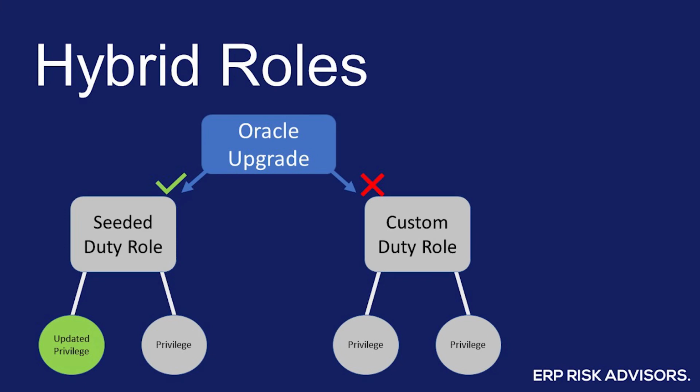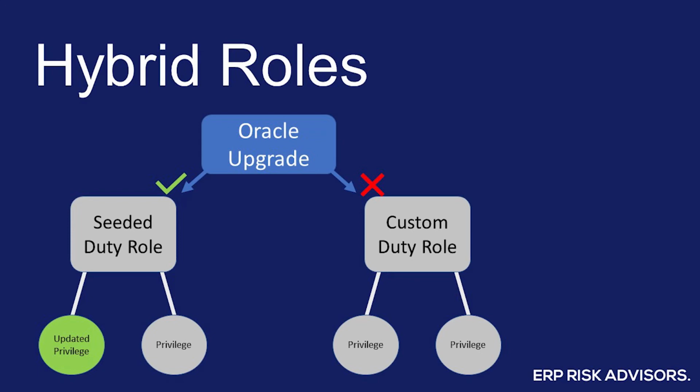And the problem with that is that when patches come, which they will come, Oracle requires you to take patches and upgrades. The upgrade will try to make changes to seated processes, seated roles, seated job roles, and seated duty roles. So it will make changes to those seated duty roles that you did not customize.